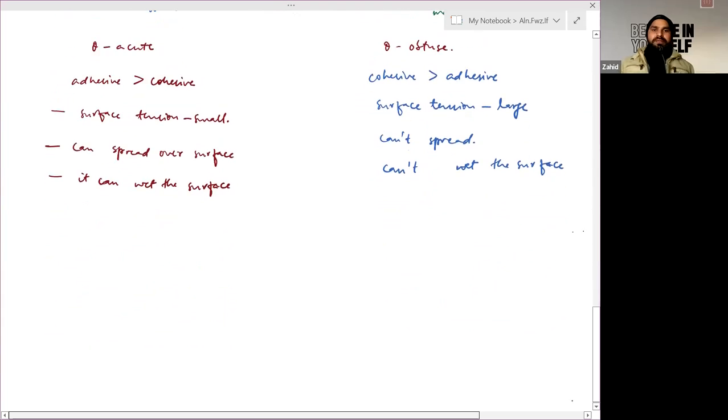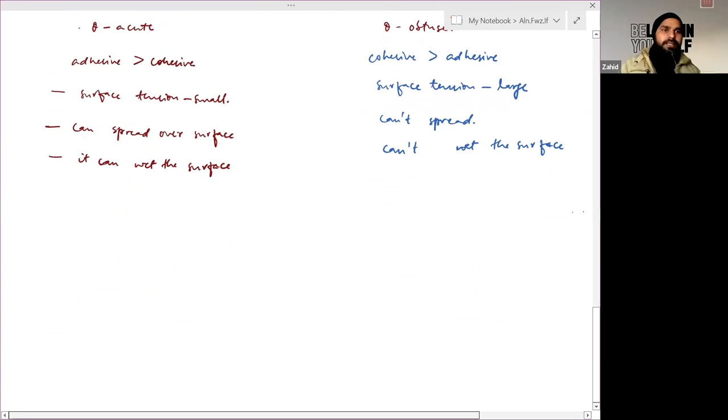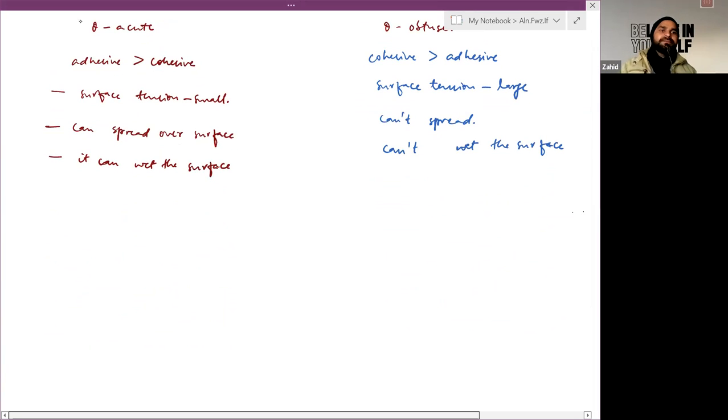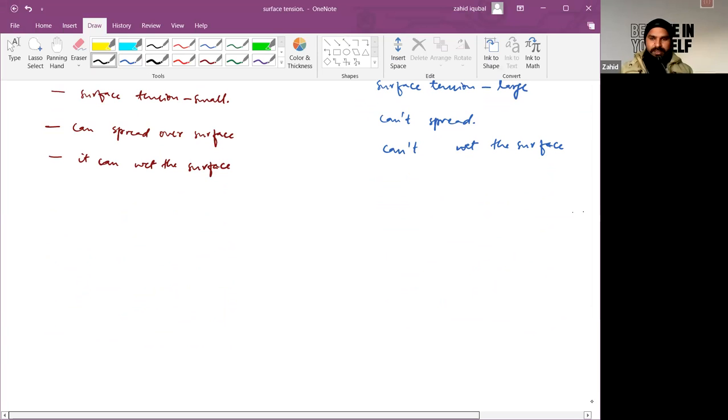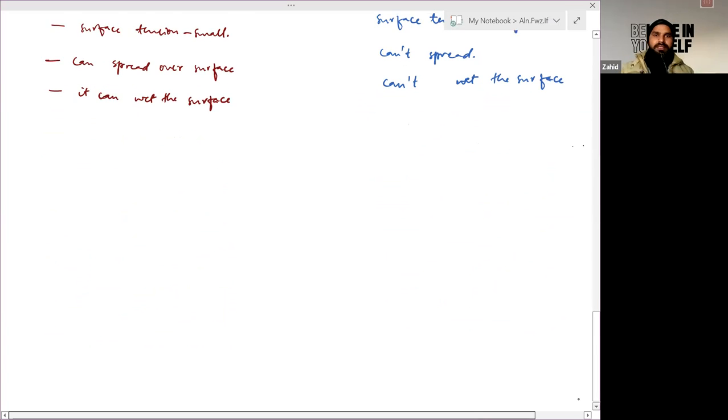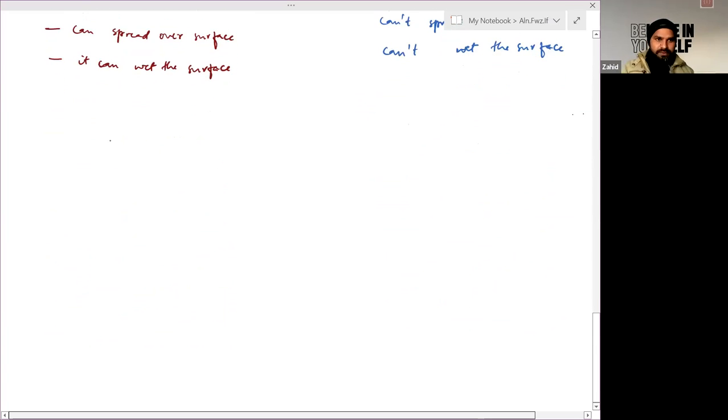We've just completed the theoretical part of surface tension. Let me define how to calculate numerically the value of surface tension. So next is calculation of surface tension.